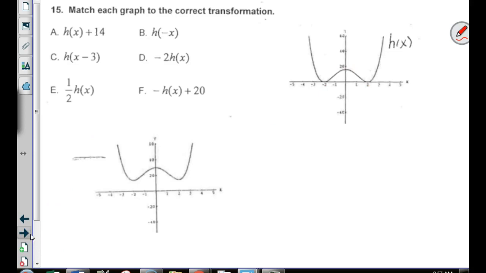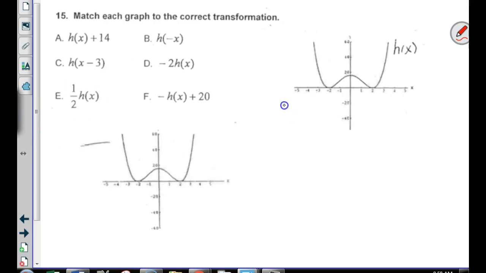Now, what about this one? Up? Yep. But it's still right side up, so which is the only one that's up? A. Now, process of elimination will help with this one, but what happened here?